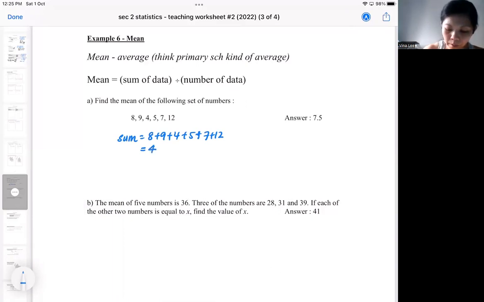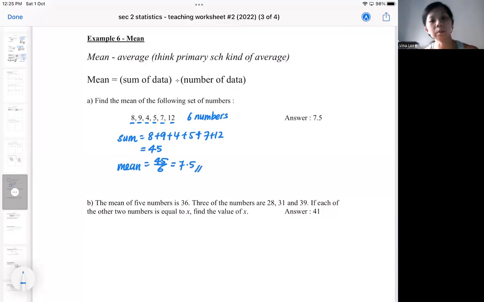In this case, you will get 45. And if you look, there are 6 numbers. So the mean will be 45 divided by 6. On average, you will get around 7.5. So you average out those 6 numbers, you get 7.5.